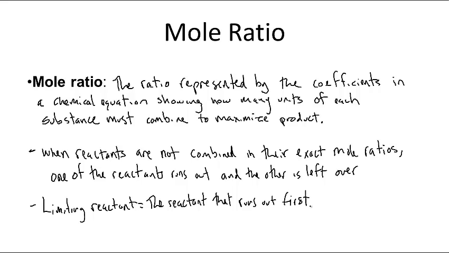You can think about this like you're making s'mores. For every s'more you need one piece of chocolate, one marshmallow, and 2 graham crackers. If you have 100 graham crackers and 100 marshmallows, but only 3 pieces of chocolate, you can really only make 3 s'mores. So your limiting reactant is the chocolate, because it runs out first. Then you have a bunch of graham crackers and marshmallows left over. You could make something, but it's not a s'more. It's not nearly as good. So the one that runs out first is the limiting reactant.